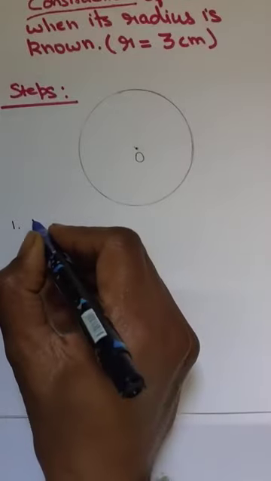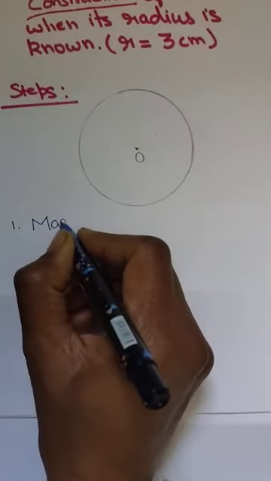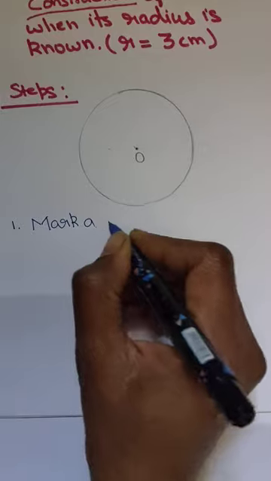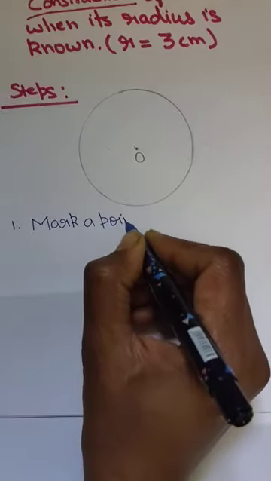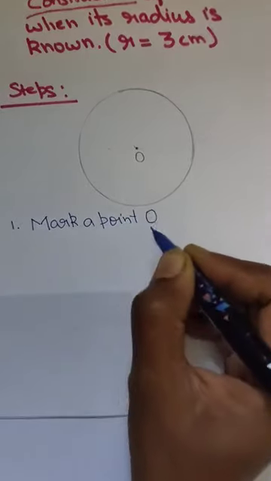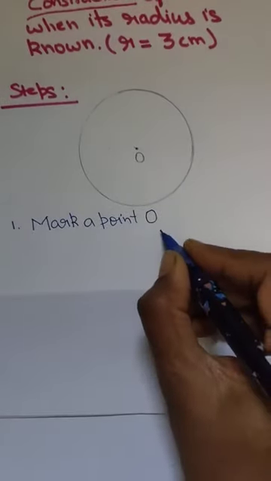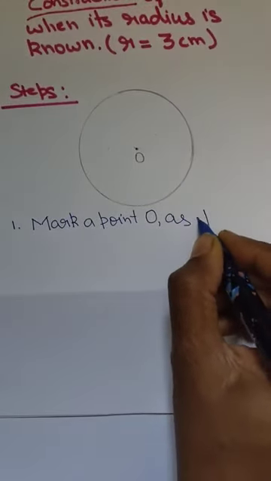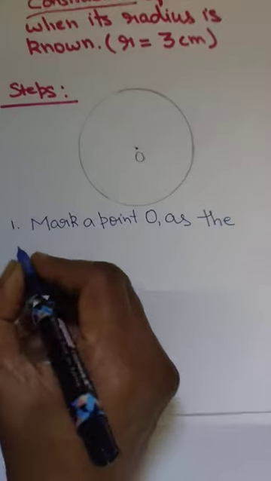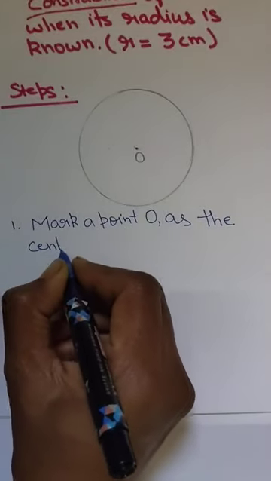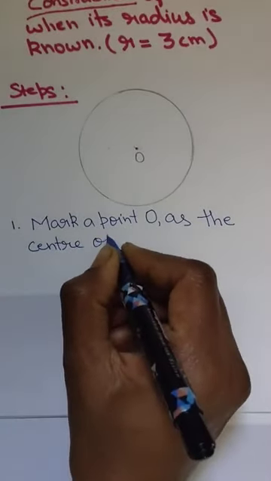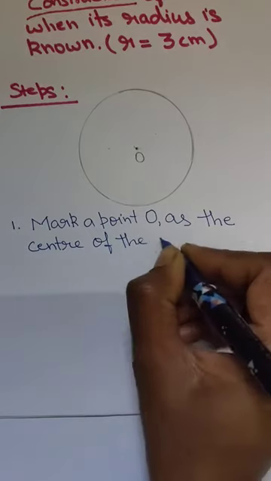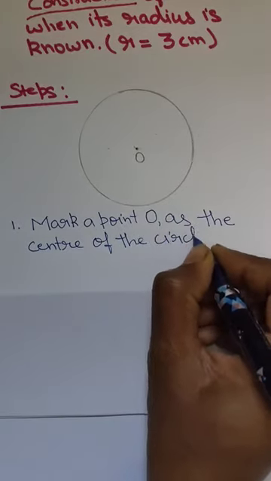First step is: mark a point O as the center of the circle. This we have done.